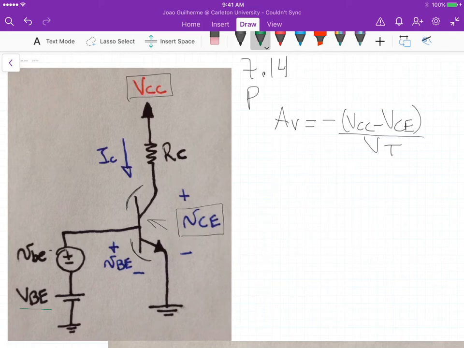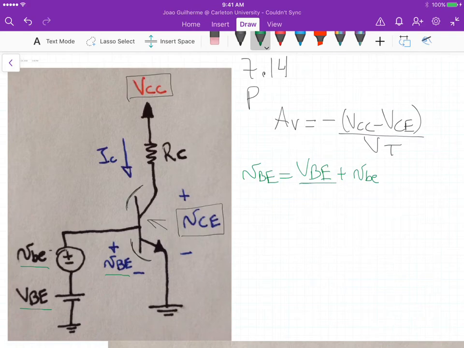So we have a capital V, capital B, E. We have a small v, small b, e, and we have a small v, capital B, E. One thing to understand about this amplifying circuit is that this small v, capital B, E is the sum of the bias voltage, capital V, capital B, plus the input signal that we have in this amplifying circuit, which is a small v, small b.